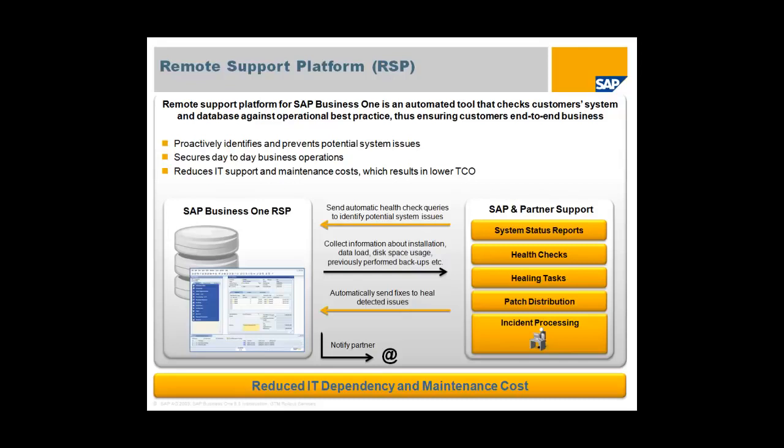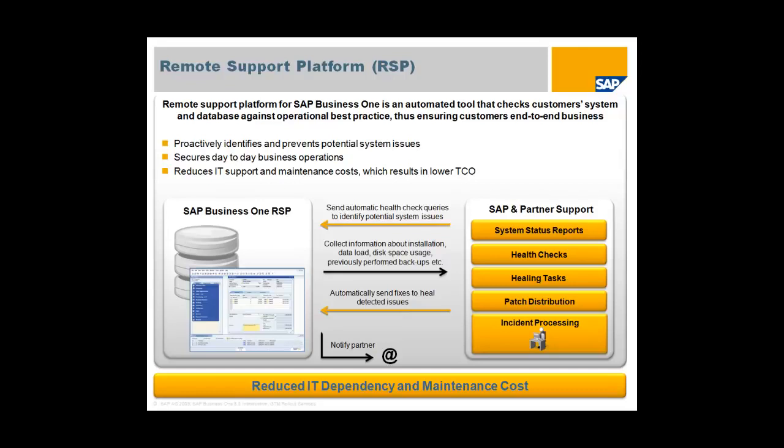So the remote support platform allows you to run checks using that best practice as the baseline, and that way we make sure that your end-to-end business runs smoothly and effectively. Proactively identifying and preventing potential system issues. We're securing your day-to-day business operations, and of course, as a result of that, reducing your IT support and maintenance costs, which, as you know, results in lower total cost of ownership.